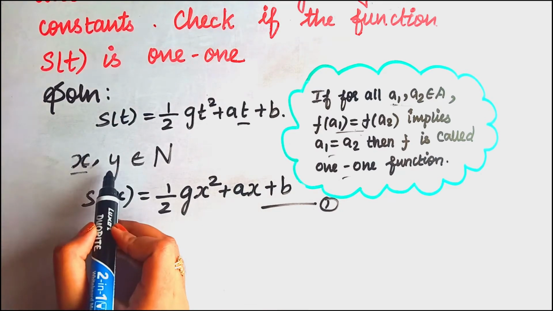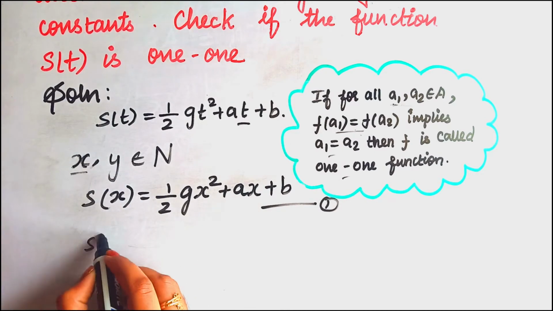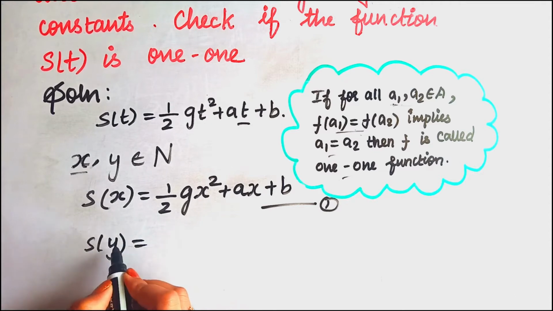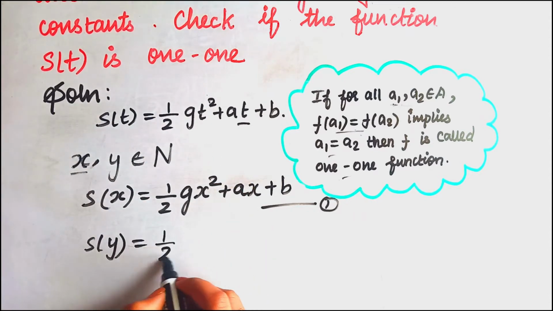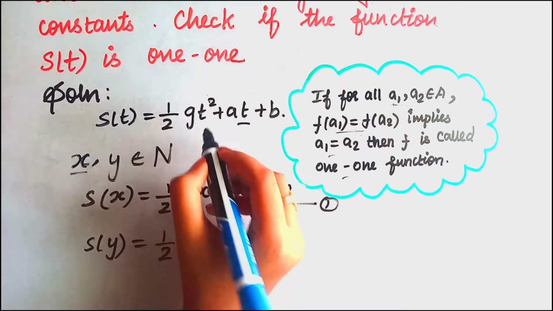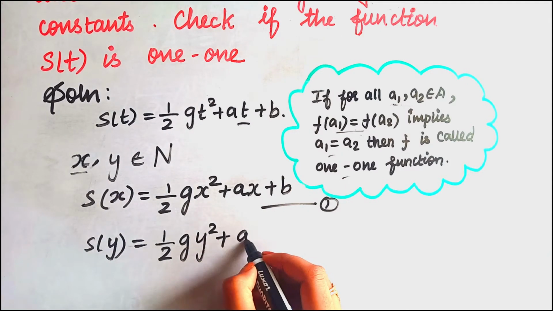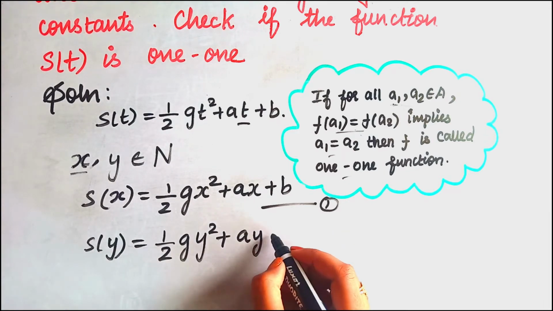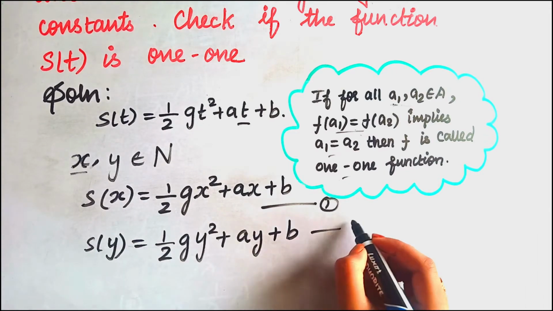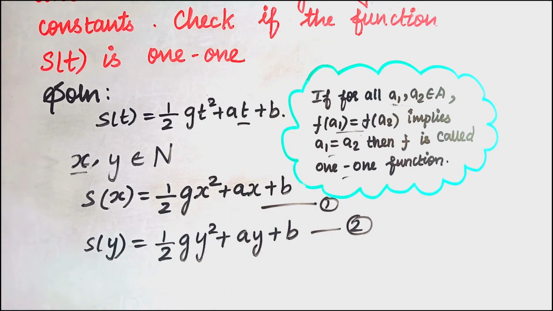Then our second element y: in the place of t we are going to substitute y. 1 divided by 2 g into y square plus a into y plus b, and this is our second equation.